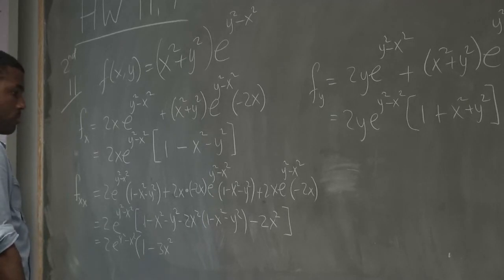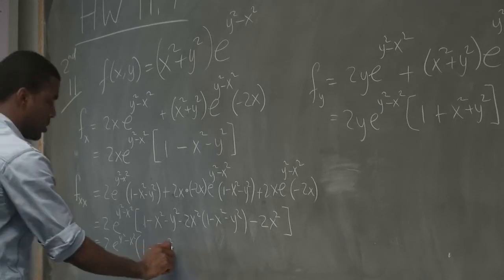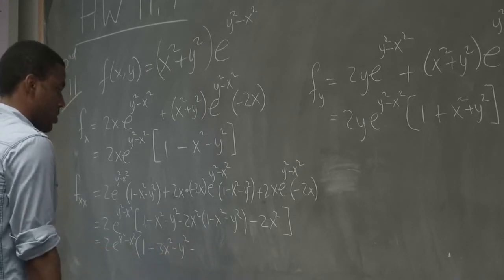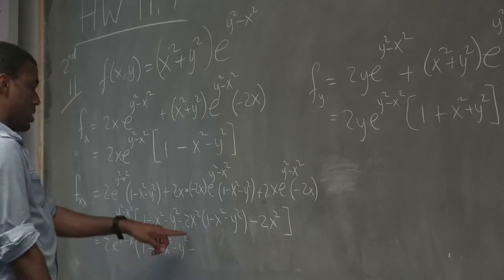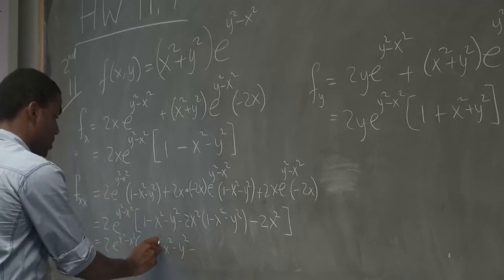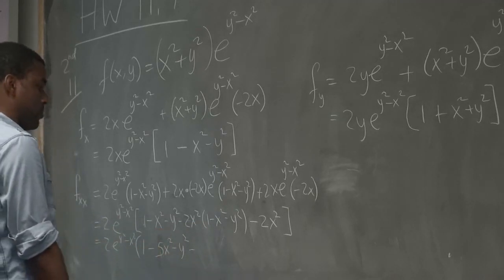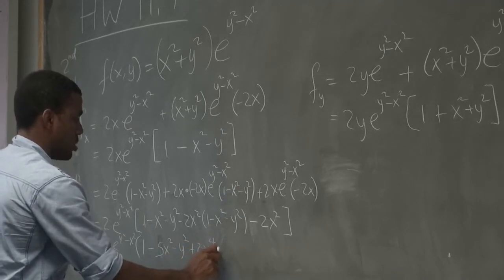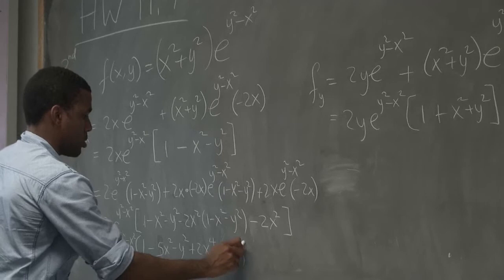This is minus 2x squared, so this gives me 5 plus 2x to the fourth plus 2x squared y squared.